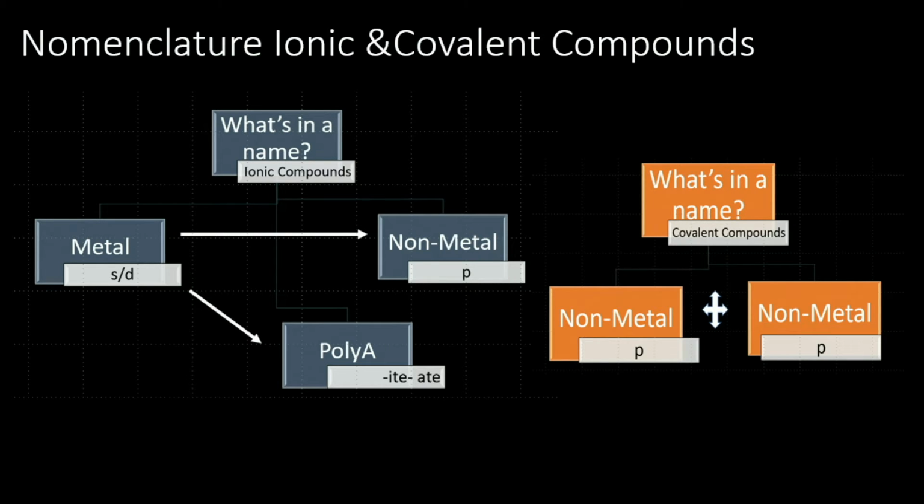And then for our covalent compounds, we're talking about the bonding of two non-metals together. Obviously, you know that in an ionic compound, the valence electron from the metal is completely transferred over to the non-metal. And in a covalent compound, the valence electrons are shared between the atoms.